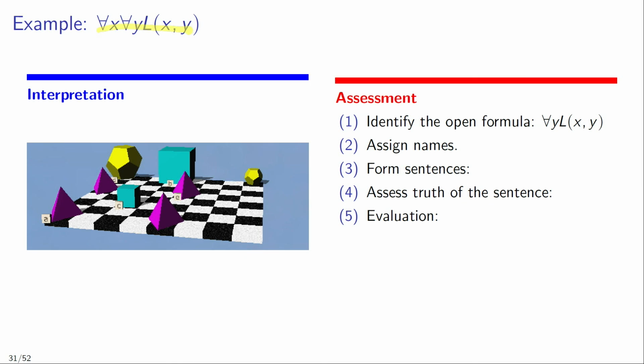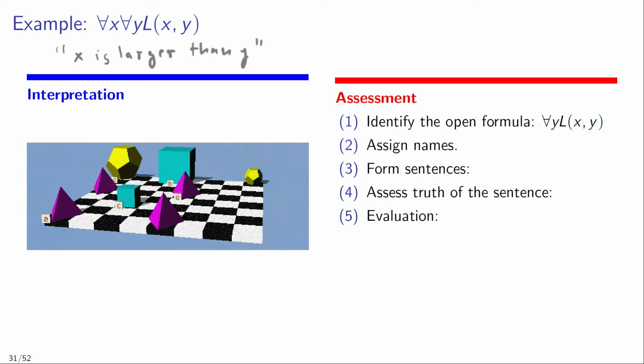I'm assuming that L represents the English predicate x is larger than y. And I'm going to use the 5-step substitution method for assessing the universally quantified sentence for all x and for all y, x is larger than y.